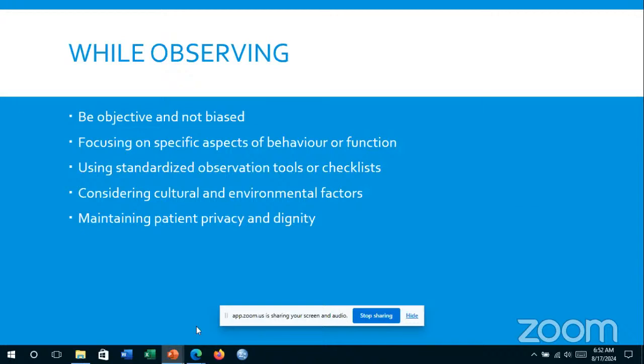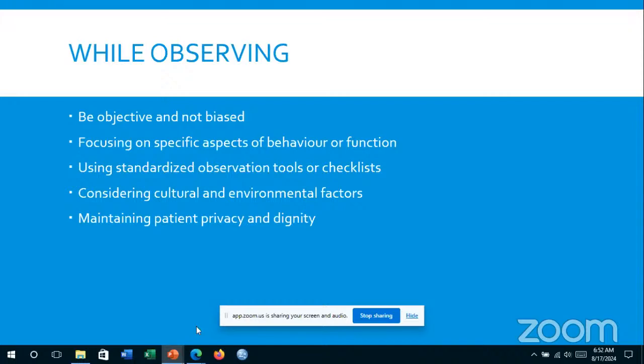And Dr. Ojeto added that while we are observing, we must be objective. We must not be biased. We must focus on the specific aspect of behavior or function for which the patients have come to see us as a result of deficiency. We use standardized tools and checklists, as we mentioned. We consider that the standardized tools that we use are applicable to the patient that we see.